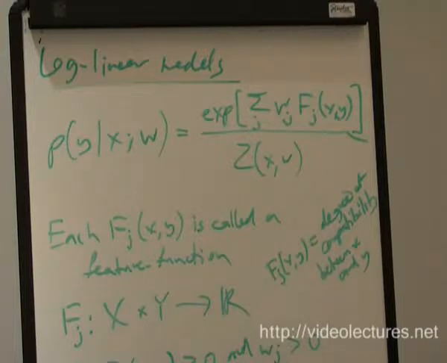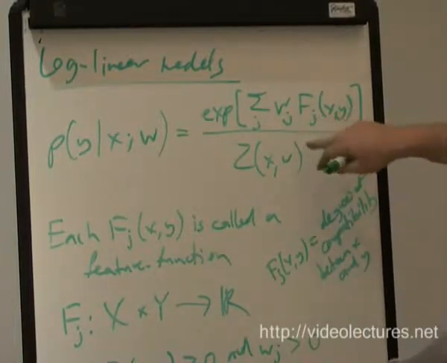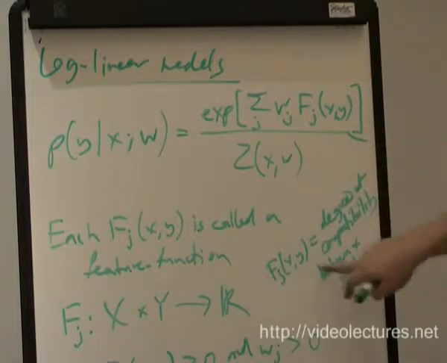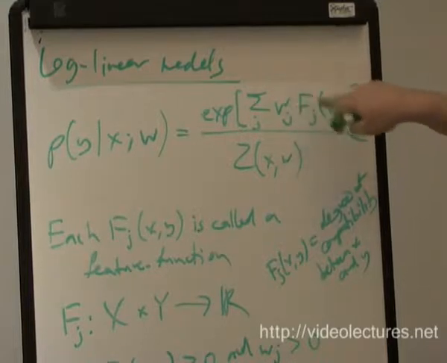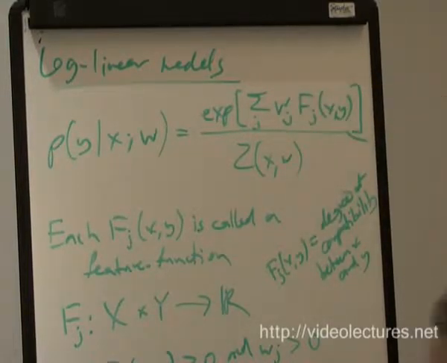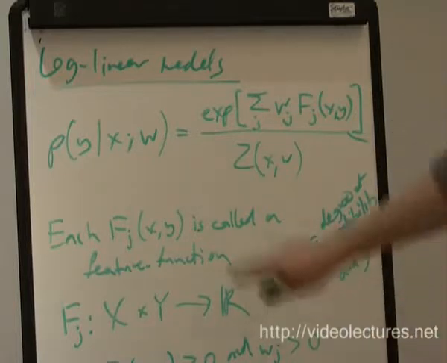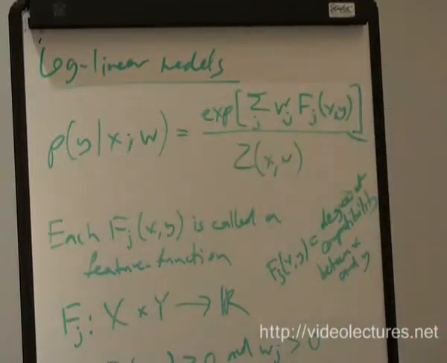If wj was positive and fj had a negative value, then the bigger the negative value, the lower the probability of y given x. But that's not what we expect, right?